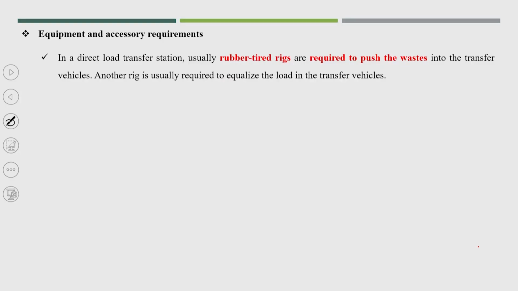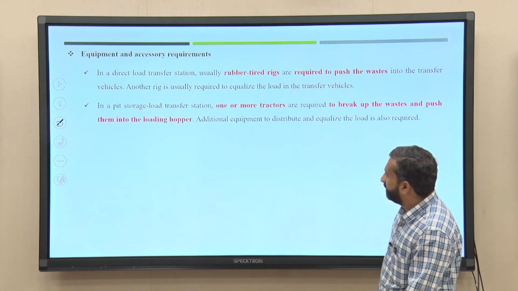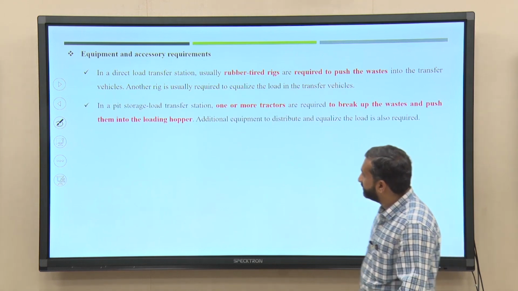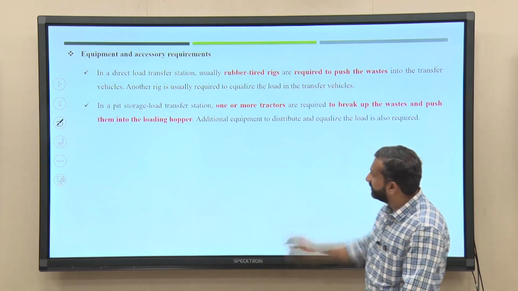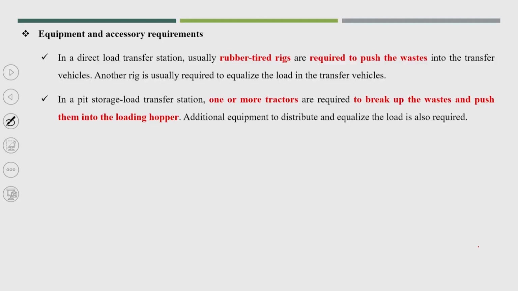In a direct load transfer station, usually rubber tire rigs are required to push the waste into the transfer vehicle. Another rig is usually required to equalize the load in the transfer vehicle. So, obviously different kinds of equipment and accessories will be required. The first one was the direct load transfer station, and the second is the storage load transfer station, the pit storage type.